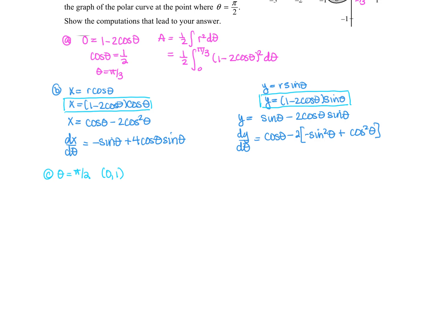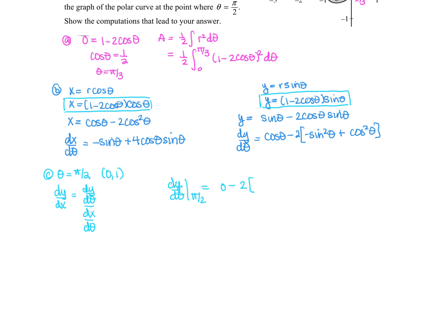The second thing we need is the slope. So remember that dy dx is the same thing as dy d theta over dx d theta. So I'm going to first find dy d theta at pi over 2. So at pi over 2, cosine is 0. So we have 0 minus 2.